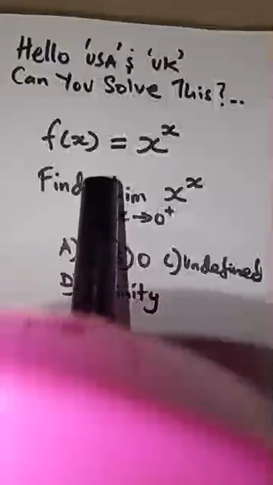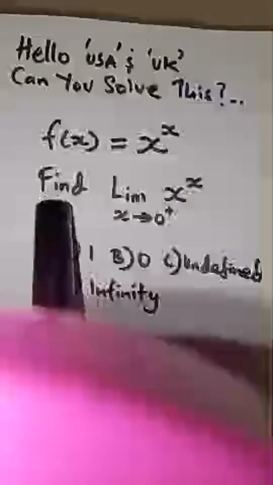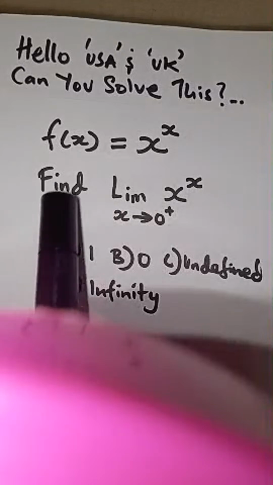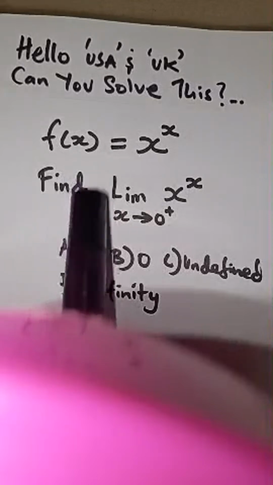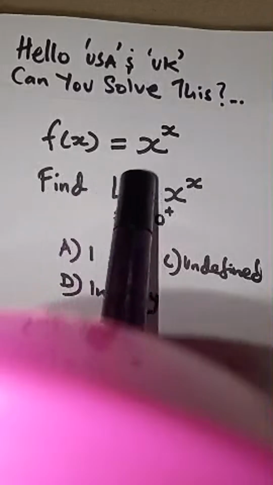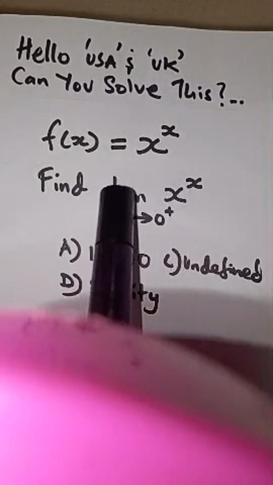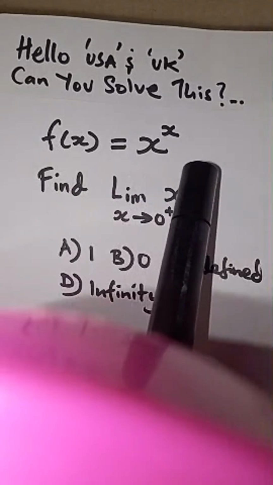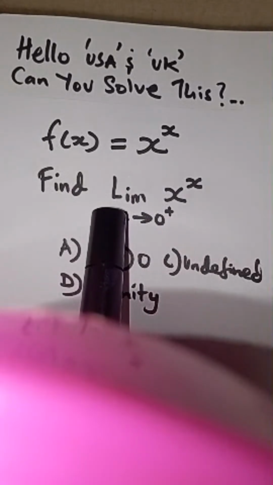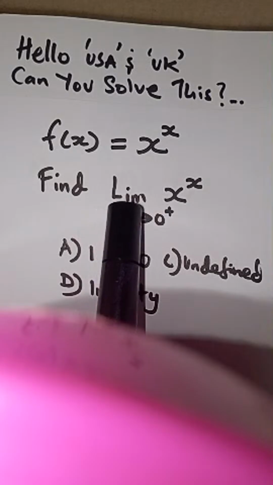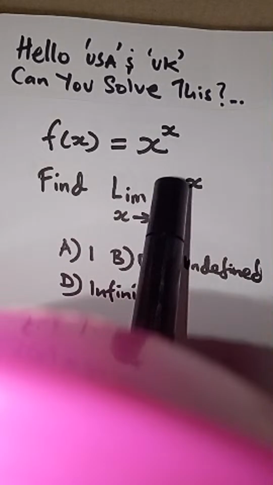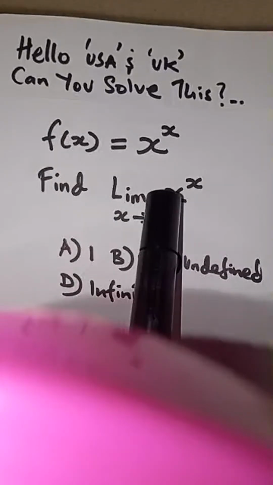What is the best approach or solution that we're going to use to find the limit of x raised to the power x as x goes towards the positive side of 0?